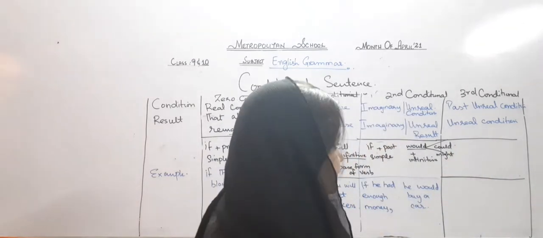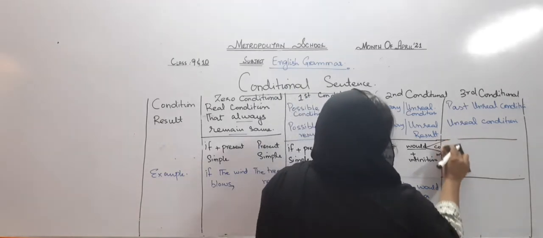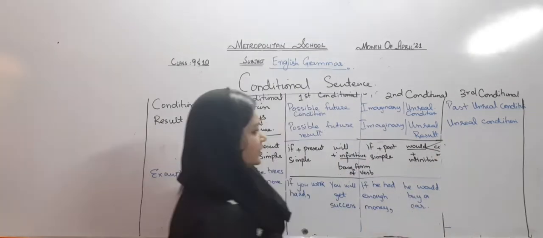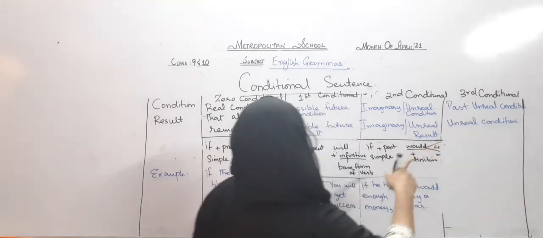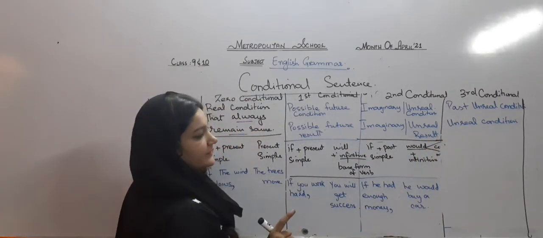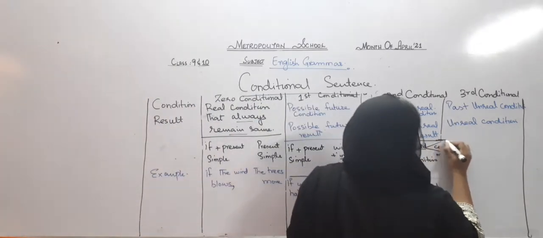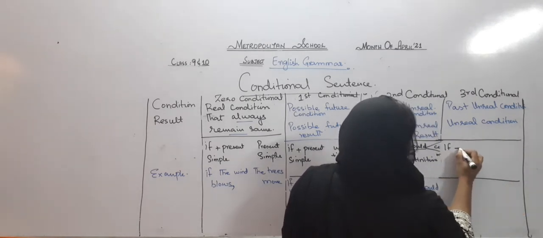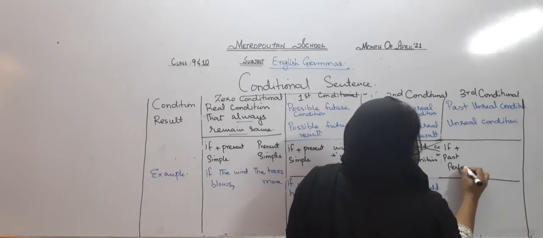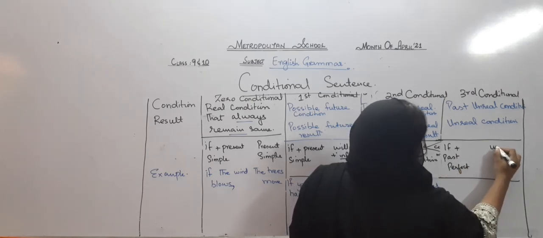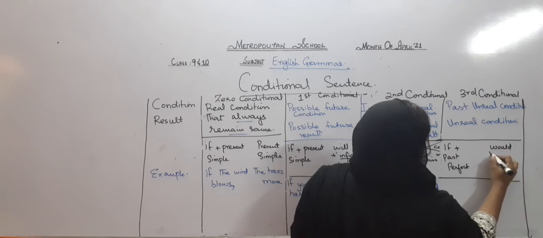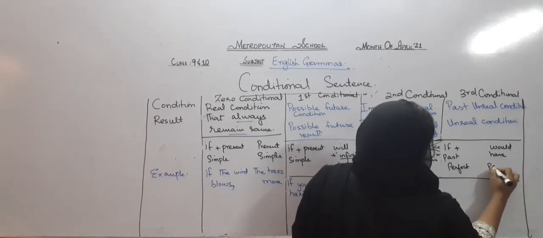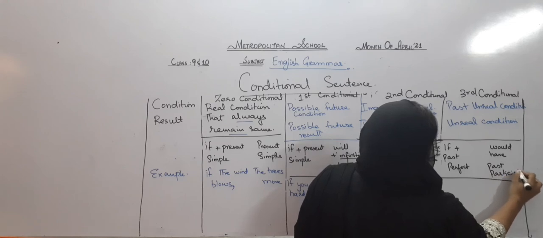Now we have done the condition and the result of the third conditional. Now move towards the structure. Structure is if plus past perfect. And for the main clause, would have with past participle. We are going to use the third form of the verb in this structure.